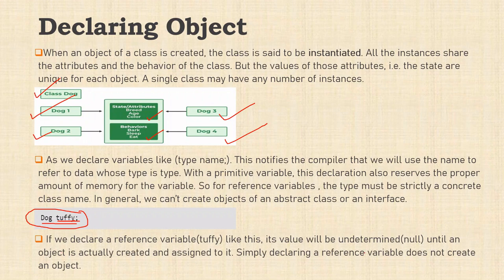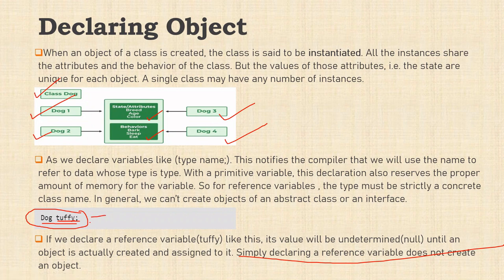Simply declaring a reference variable does not create an object. We have declared a reference variable of Dog here, but it will not create the object. For that purpose you have to use the new keyword, like Dog toffee is equal to new Dog. Within new Dog, the object will be created and assigned to toffee.